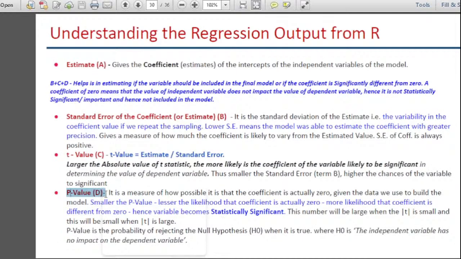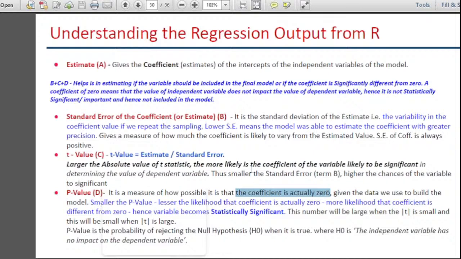Now the last column, the p value. What this p value measures is very important. It measures how possible it is that the coefficient is actually 0. What is the probability that the coefficient is 0? Because only if the coefficient is 0 is the variable not significant.